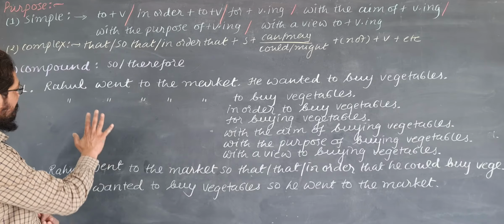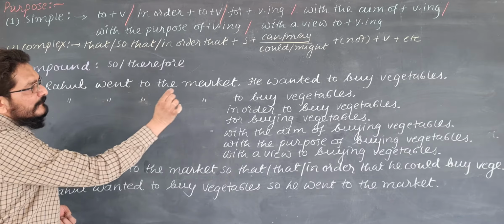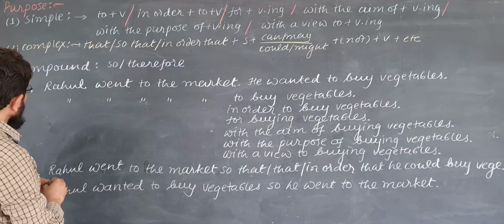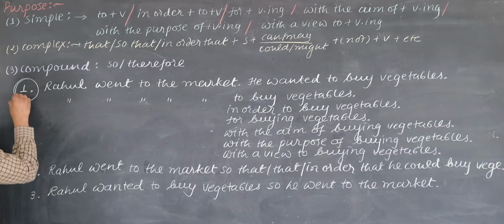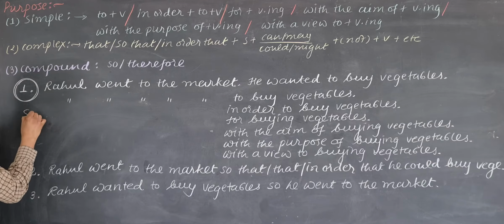See, there are two sentences. Rahul went to the market. He wanted to buy vegetables. First of all, this first pattern is to make two simple sentences simple.